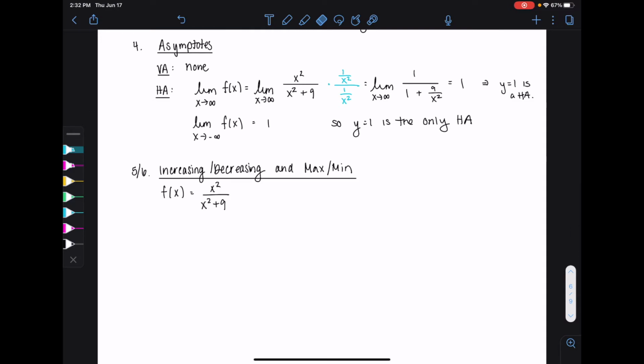Now we want to get into increasing and decreasing and find any max and min values. So we need to take a derivative. And again, got to use quotient rule. So we get low d high minus high d low all over low low.